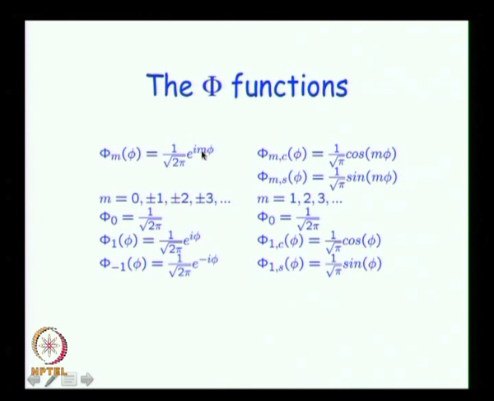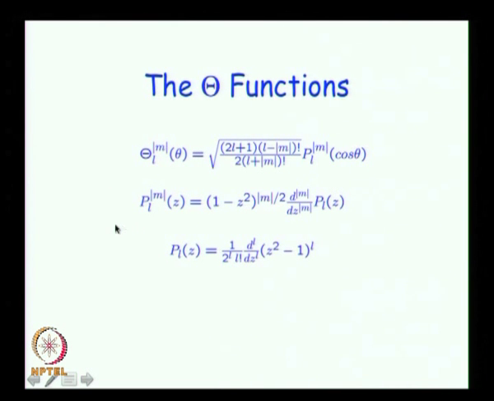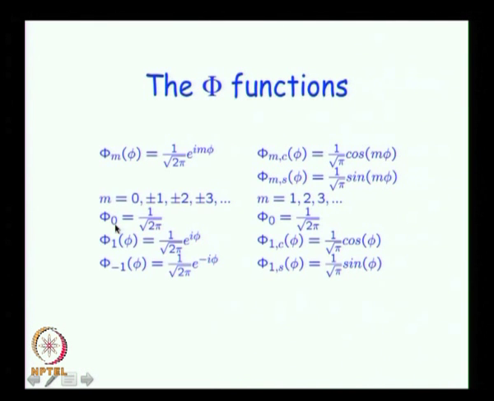This is the general form of capital phi, and there that quantum number m takes the values 0, plus or minus 1, plus or minus 2, plus or minus 3, etc. Right? Can take all those values. Specifically, if you say that m is equal to 0, then the function is just a constant 1 by square root of 2 pi.